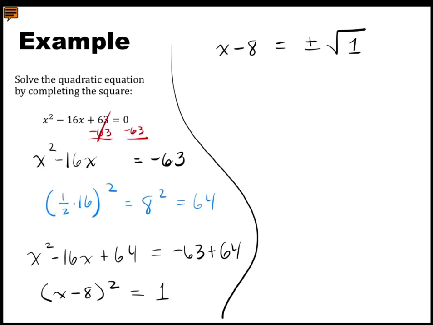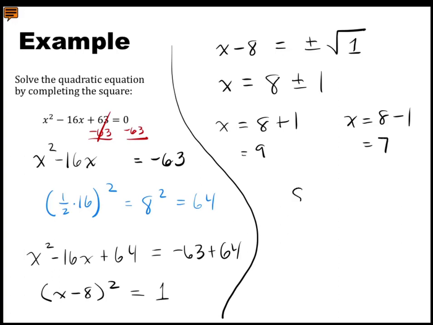And since the square root of 1 is 1, and adding 8 to both sides to isolate the x, we get x is equal to 8 plus or minus 1, which gives us two numbers. x equals 8 + 1, which is 9, and x equals 8 - 1, which is 7.